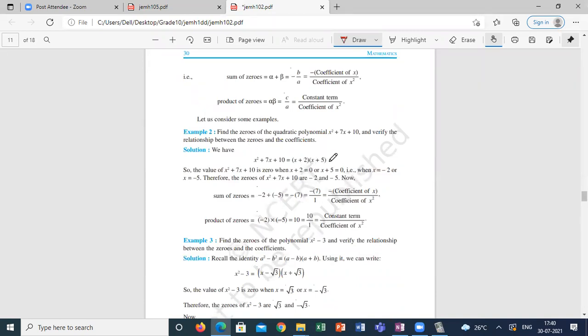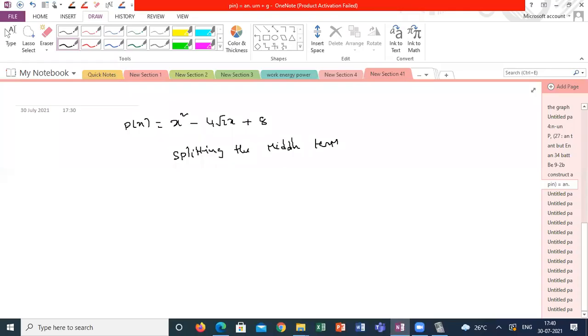See this part. It is the factorization method. How do we factor this? You have to split the middle term in such a way. So we have to split the middle term, sir, and we'll get two values of zeros, sir.